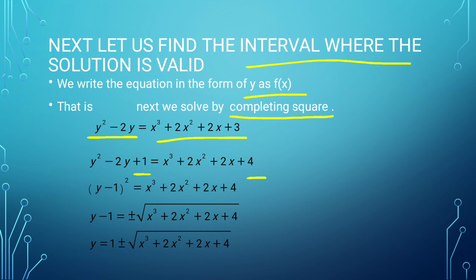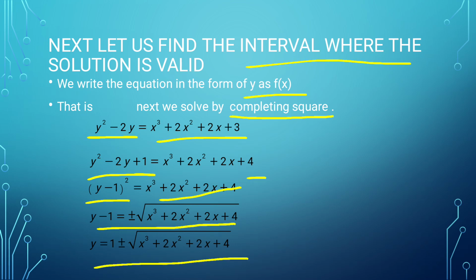So what you do in the left side you also do, so plus 1 so that the equation is constant. So if we factorize this side, we'll get this, and it is equal to this. Taking square root on both sides, we come up with that kind of equation. So that's our y is equal to 1 plus square root of all that.